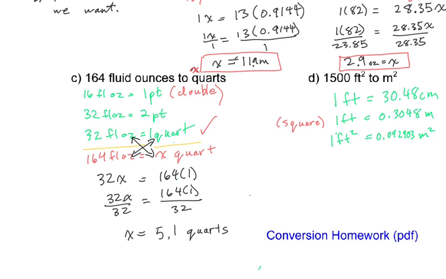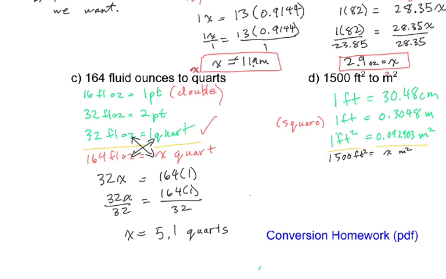As always, we'll label X as what we're looking for. And we're just going to write out the rest of the problem and see what comes up. So now we've got 1,500 feet squared is equal to X meters squared. We're going to set up our ratio real quick.